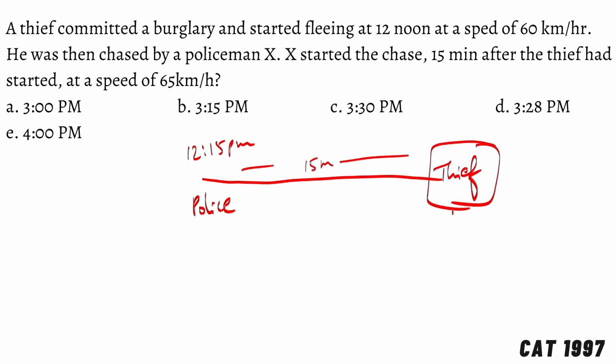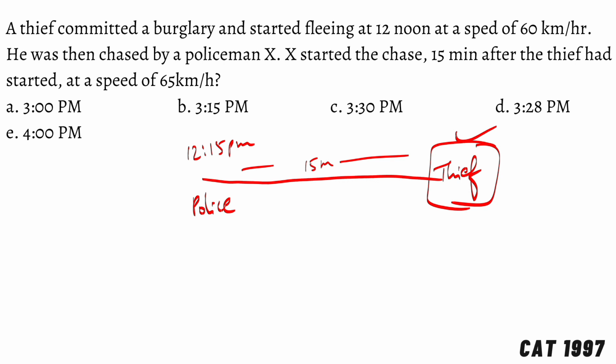Let us assume the thief to be stationary, because the speed of the thief is slower than the speed of the police. As this is a slow body, we can assume this one to be stationary. Now in 15 minutes, how much of his journey did the thief complete?